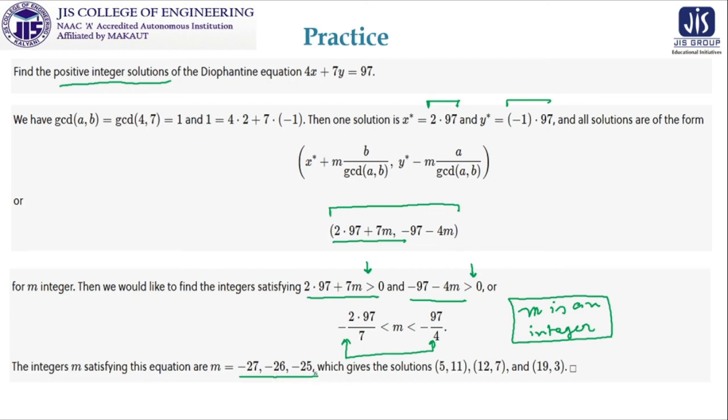If you take something different, then either the value of x or the value of y will not maintain the required condition that it has to be a positive integer solution. After putting this value of m in these structures, we will get the answers like this.